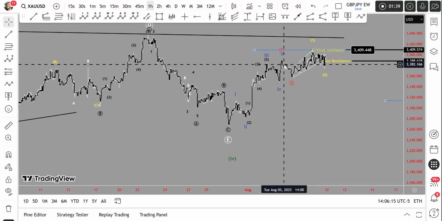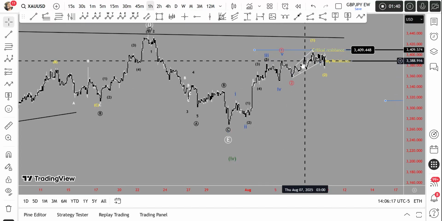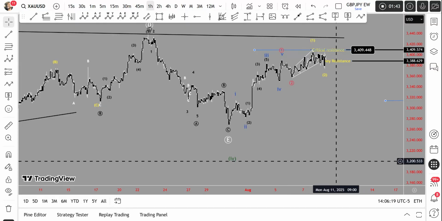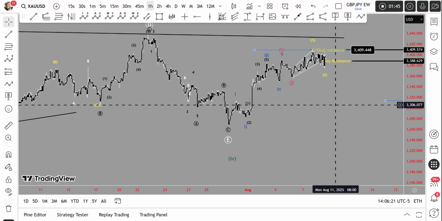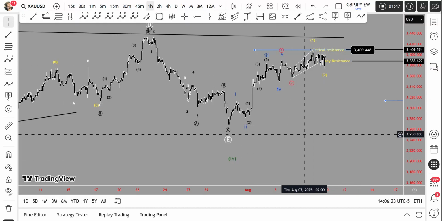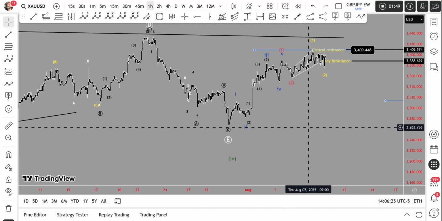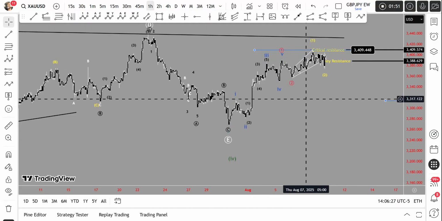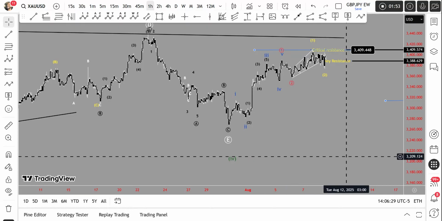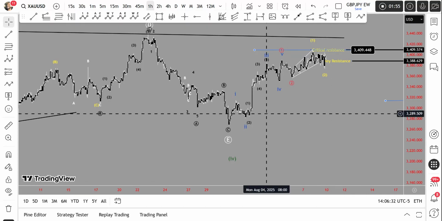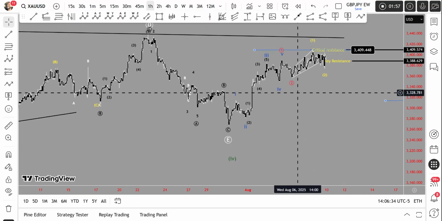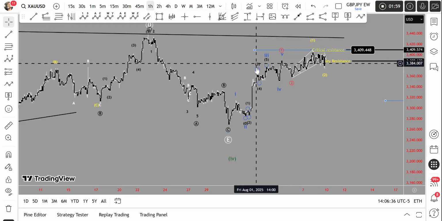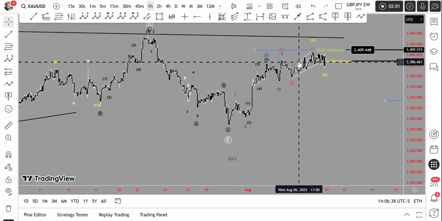I was looking for this to be maybe a B, and then C down, or some other type of formation. This could have been our B leg here, or somewhere in this area, or maybe even a little bit beyond this point. But since we consolidated, I knew that that interpretation was wrong.